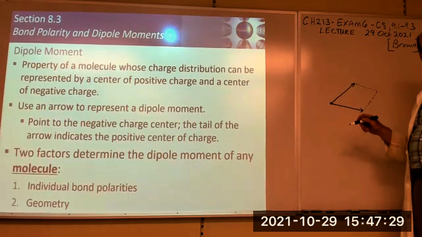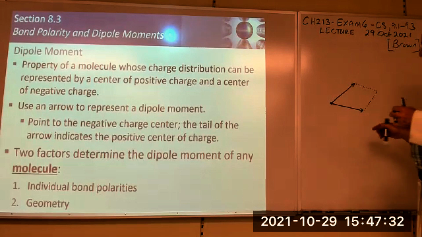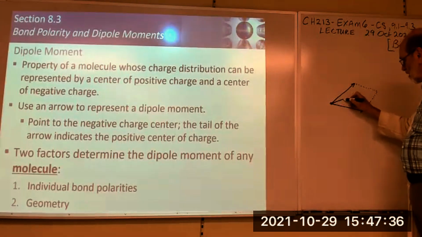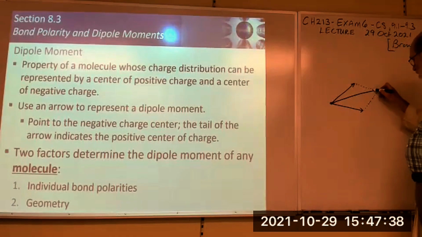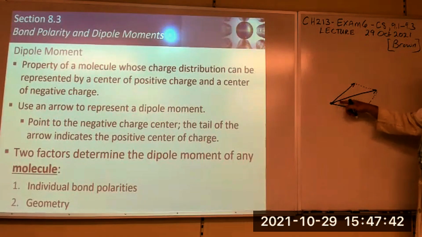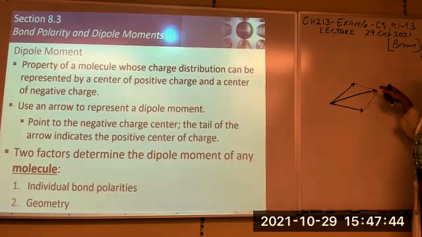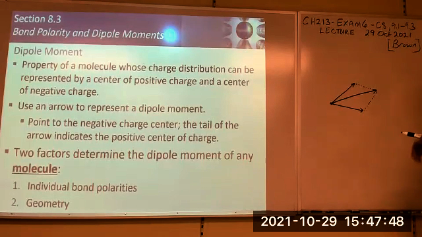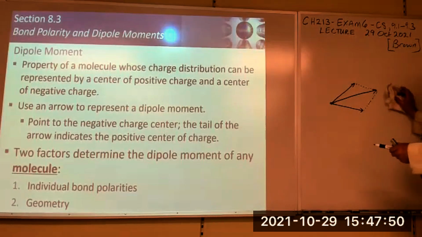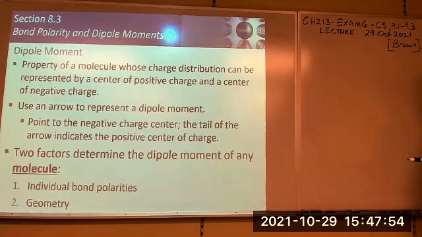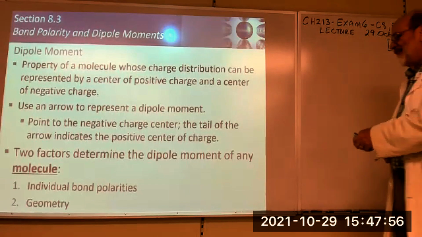Now, the resultant, it's called the resultant of the two by vector addition, is from here to there. So whatever is located at that point feels that direction and that magnitude of force. Like I said, you can do it mathematically too. You have your computer do all the calculating for you. Okay.